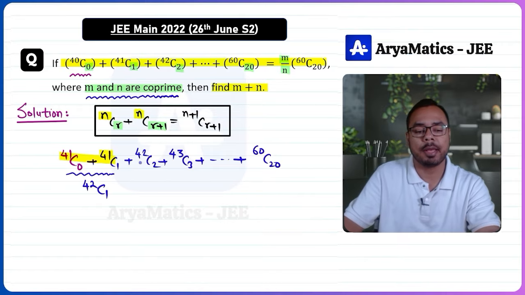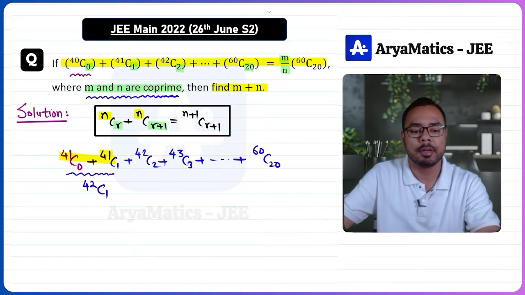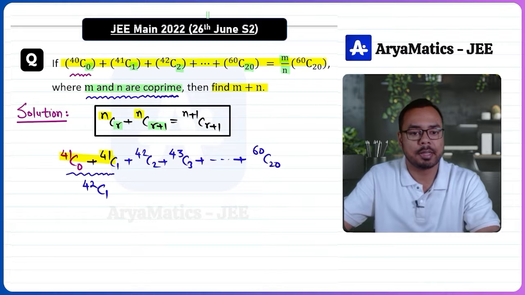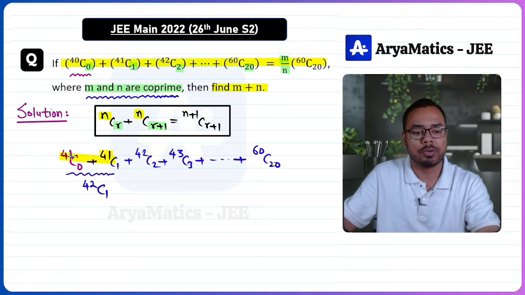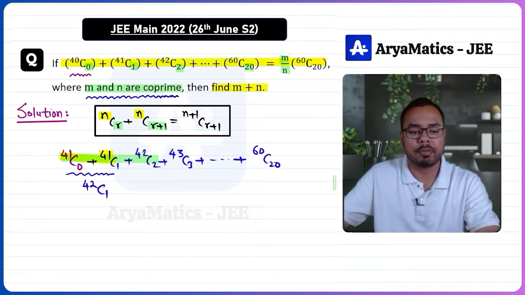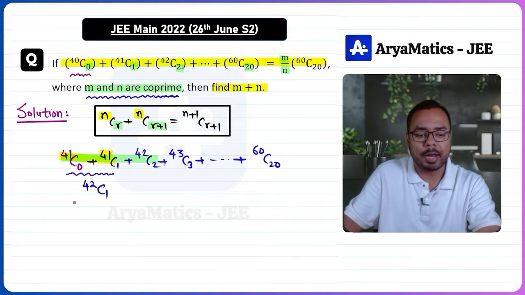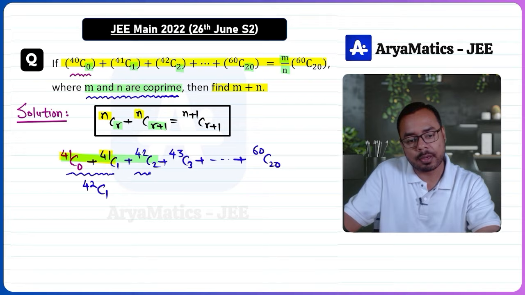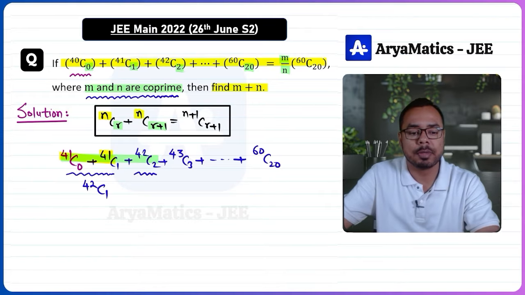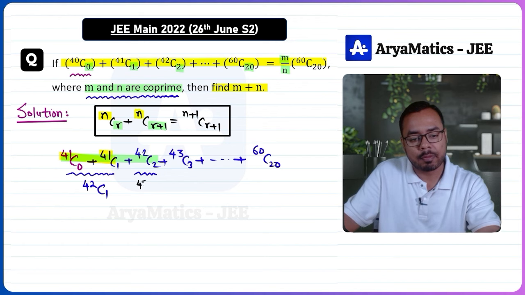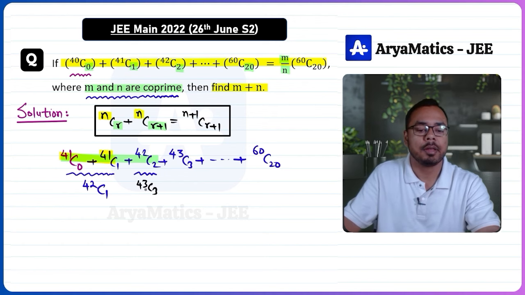Now you can see what will happen if I combine it with the next term. The sum of the first two terms is 42C1. Now add 42C1 with the next one: 42C1 plus 42C2 will become 43C2, in fact.